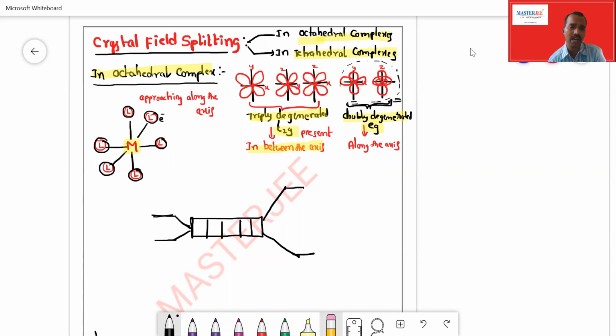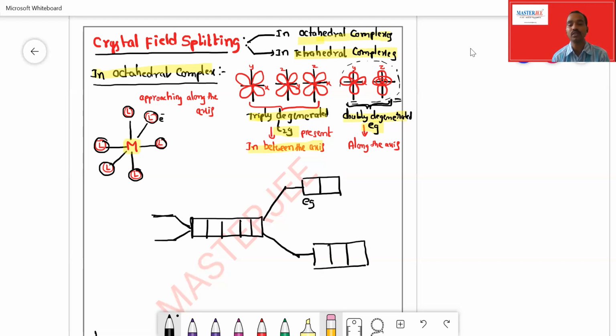So these eg orbitals and ligand orbitals will repel each other. So they will experience the highest repulsion. The eg orbitals will experience the highest repulsion, so they will occupy the highest energy level. This is the eg level. These t2g, three, triply degenerate orbitals are experiencing less repulsion with the ligand orbitals, so they are occupying the lowest energy level, that is the t2g level.